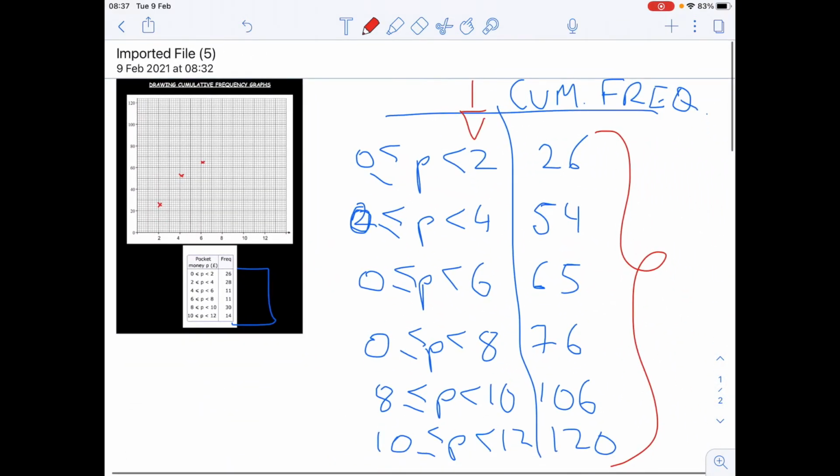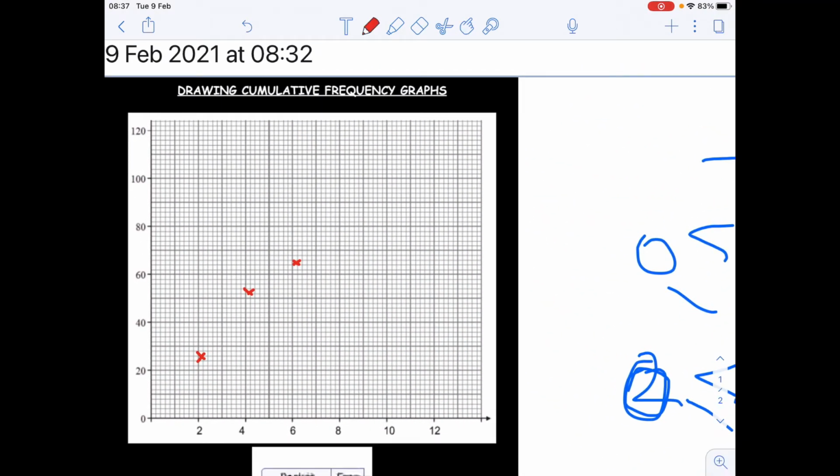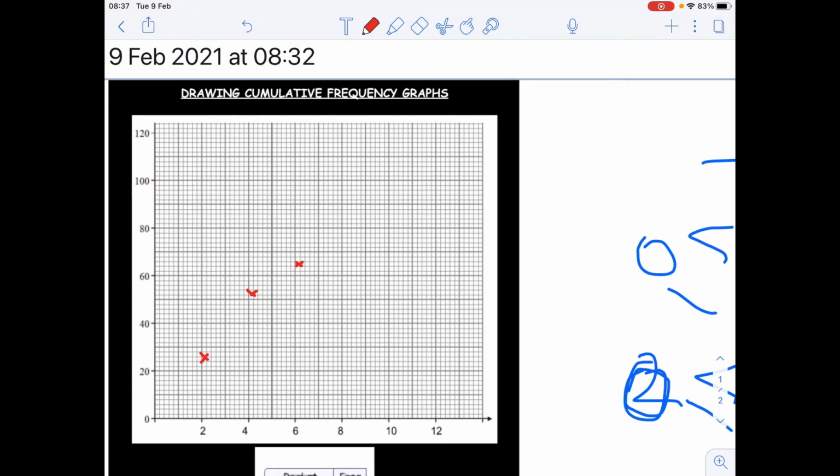At 8, I'm going to go up to 76. So 8, that's 73 more squares, is about, why doesn't it draw? 76 is there, fine.